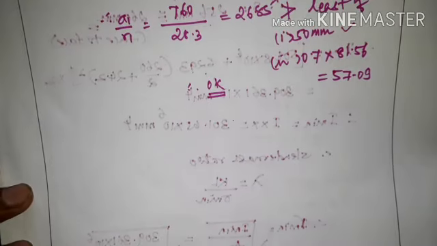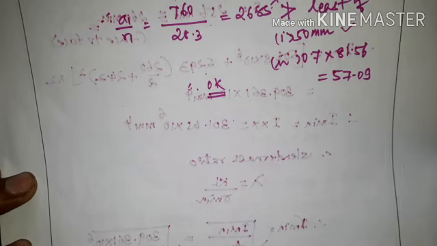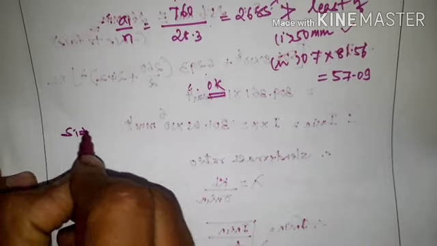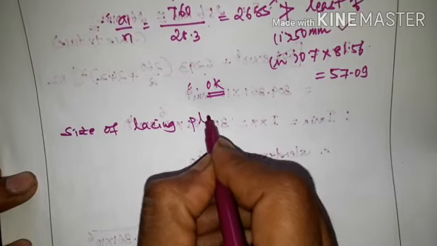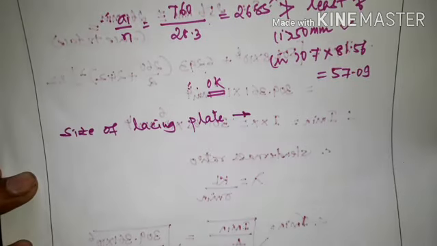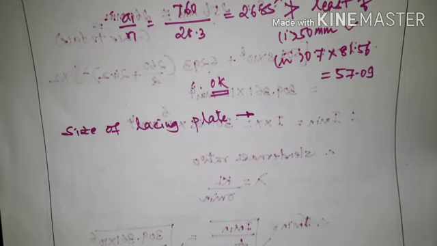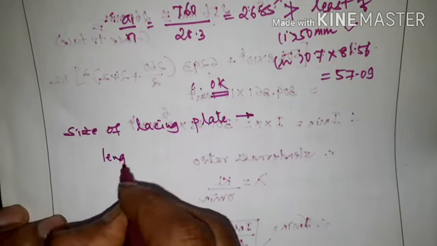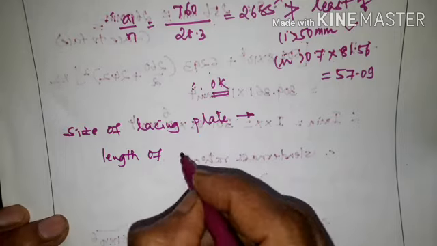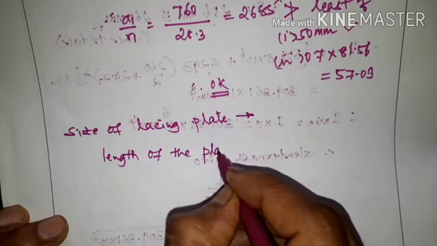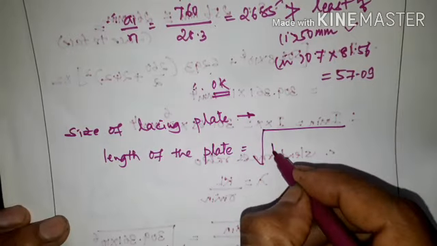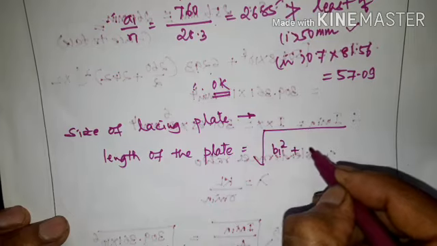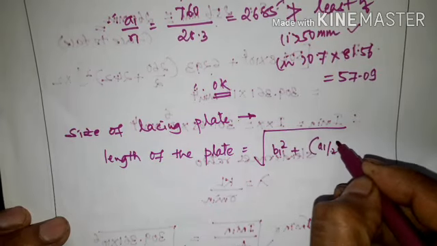Now next is the size of lacing plate after design of lacing. Okay, so here, the length of the plate is the square root of B1 square plus (A1 by 2) square.